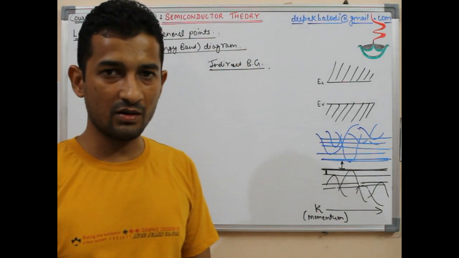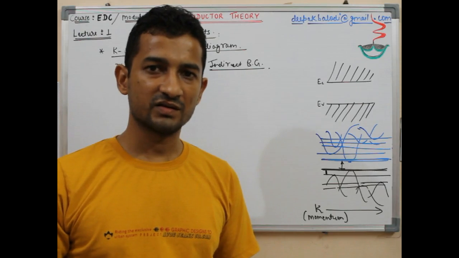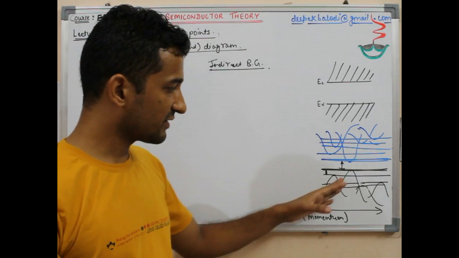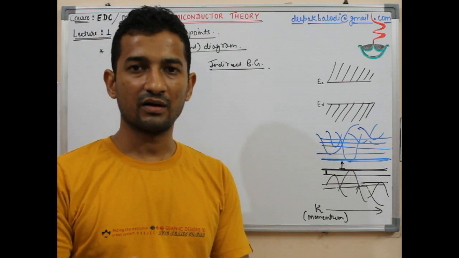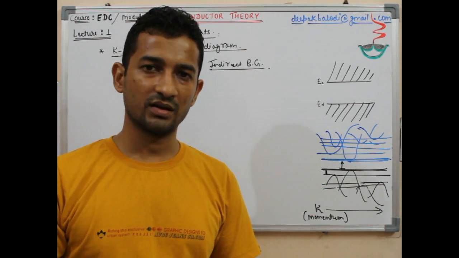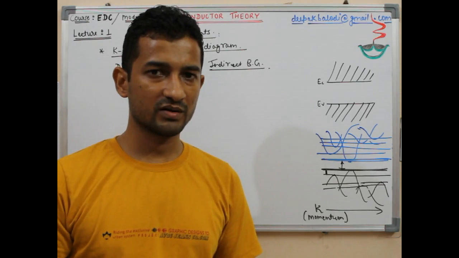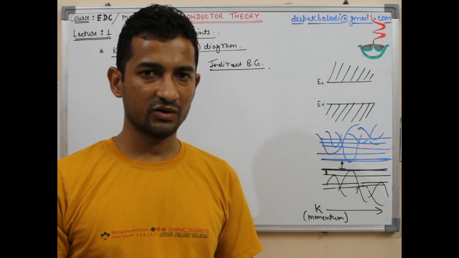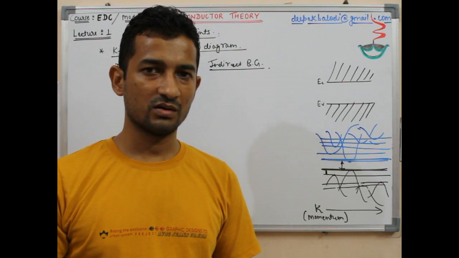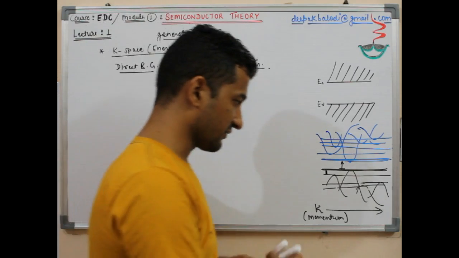Momentum is governed by a lot of things, and the major one is the crystal orientation. For different orientations, it is different. Now we can understand the crystal orientation from the detailed crystal theory, but all of us are at least aware of some very popular crystal orientations like 100, 111, 001, 110, and a lot of different ones.